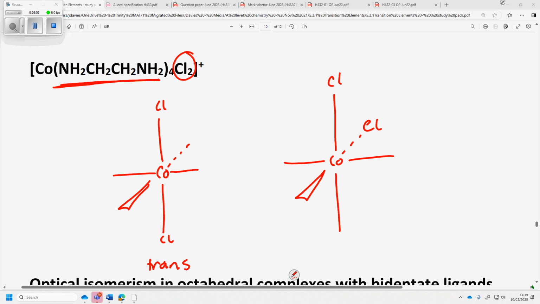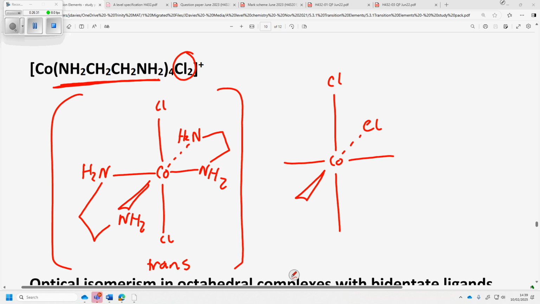What I've now got to do is attach my nitrogens, NH2, making sure that the nitrogen is at the end of the bond, and then draw in the rest of that particular molecule for that ligand. So NH2, NH2, slap it all in square brackets, and there's a residual charge of plus 1.